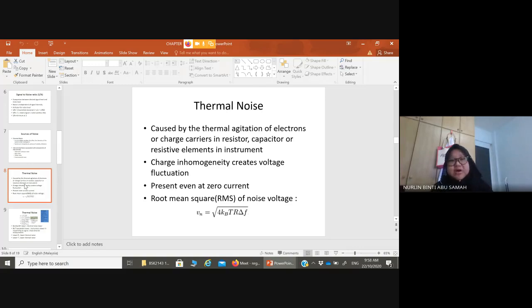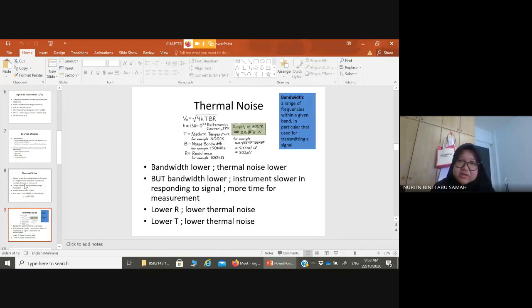How we can overcome this problem depends on this formula, the root mean square for noise voltage. The voltage V equals the square root of 4kTBR, where k is the Boltzmann constant, T is the absolute temperature, B is the noise bandwidth, and R is the resistance.